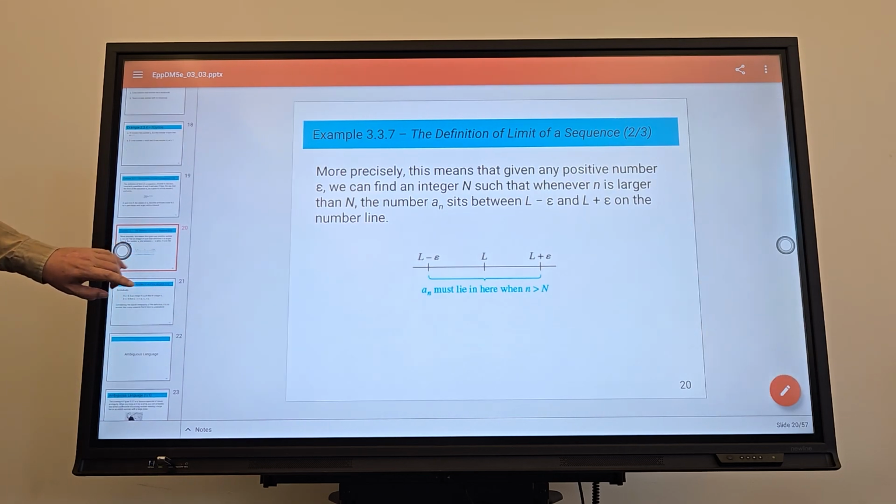Okay, so this means that for any given positive number epsilon, we can find an integer capital N such that whenever n is larger than capital N, the number a sub n sits between L minus epsilon and L plus epsilon on the number line.